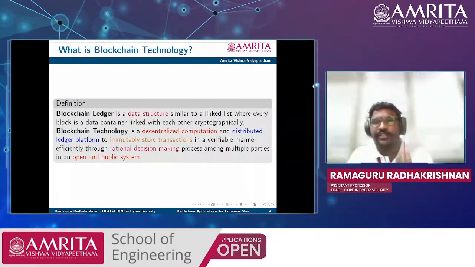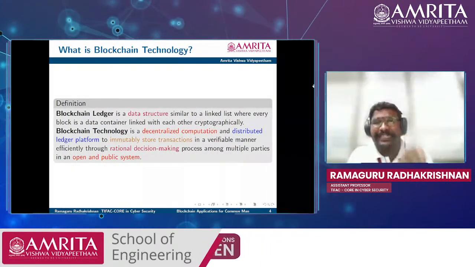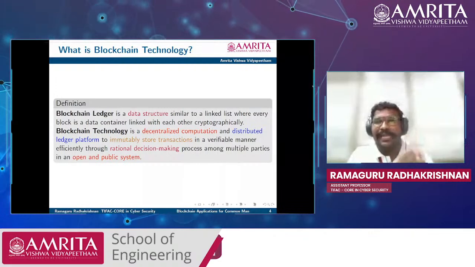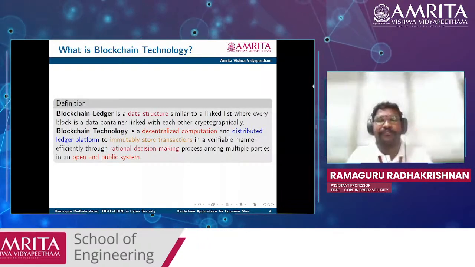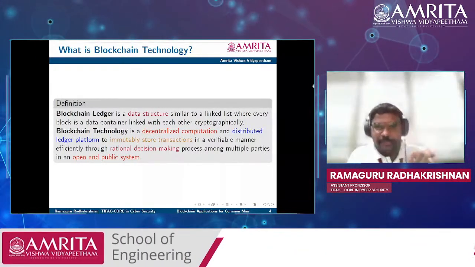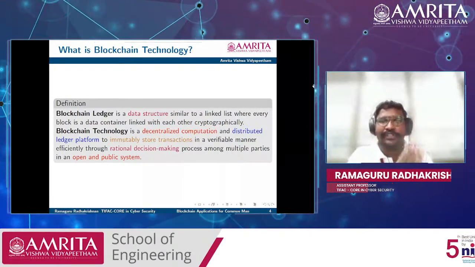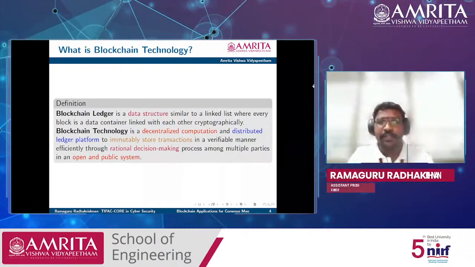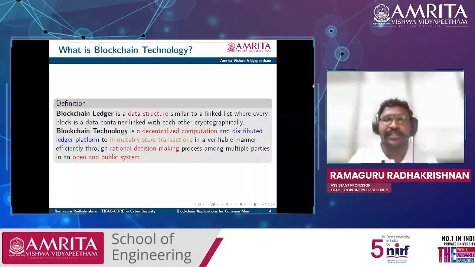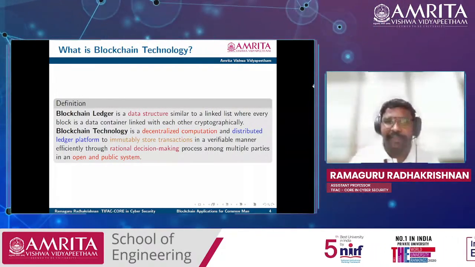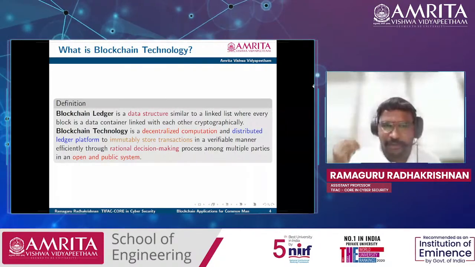Blockchain technology is a decentralized computation and distributed ledger platform. The data is distributed and the computation is decentralized. For what? To store the transactions immutably. In a given network, there will be multiple transactions happening.